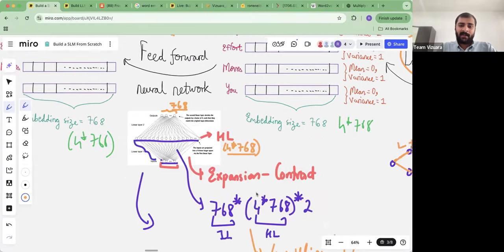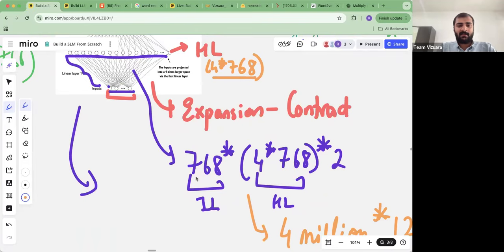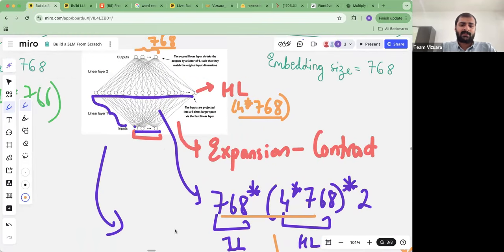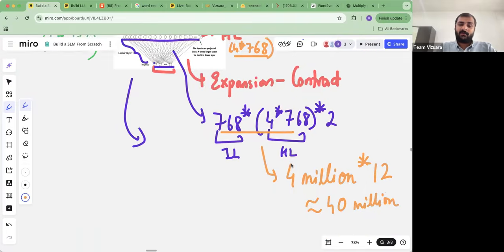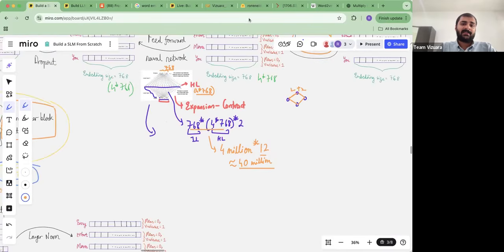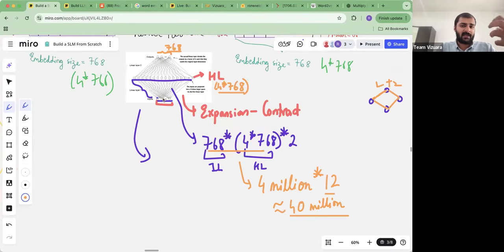So the number of trainable parameters is 768 multiplied by 4 by 768 in the expansion layer and the same number of parameters in the contraction layer. So you add them together and then you have to multiply it with 12. So that gives rise to around 40 million total parameters. So this is another parameter sink. The places which have more parameters are called parameter sinks.